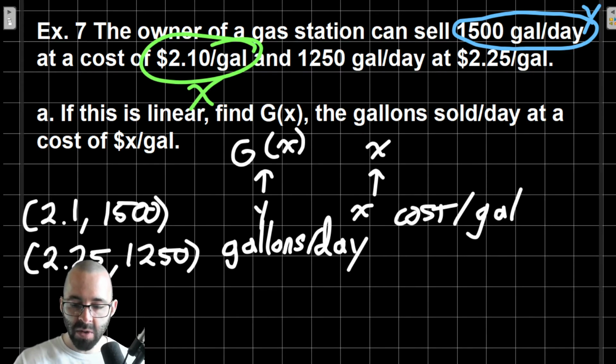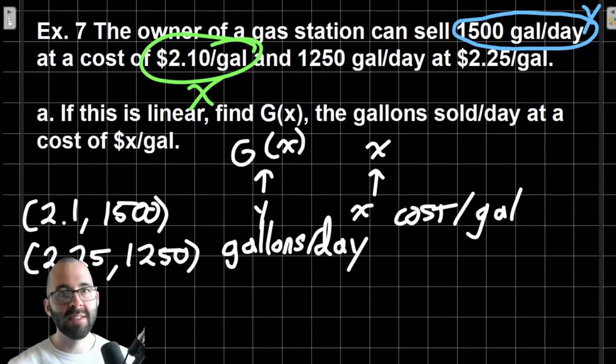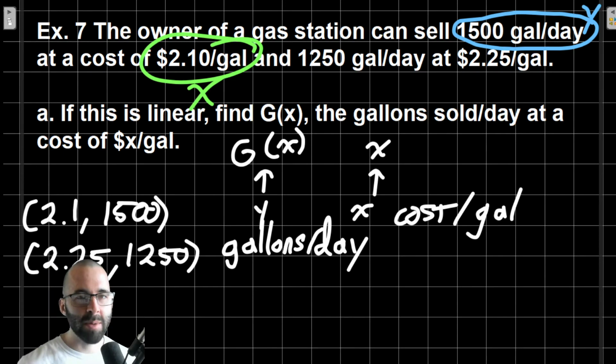If we charge more, we sell less gas. This makes sense. This is one of the fundamental things of economics, right? The more expensive something is, the lower the demand. People are going to buy less of it. Okay? So that's what's happening here. So things are working like we expect them to.